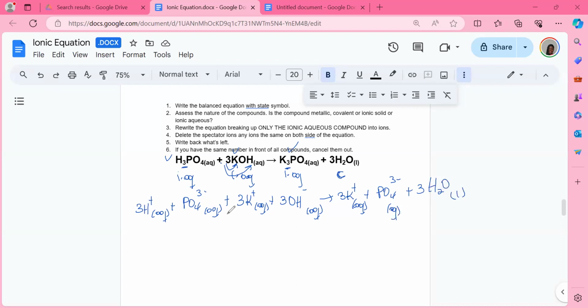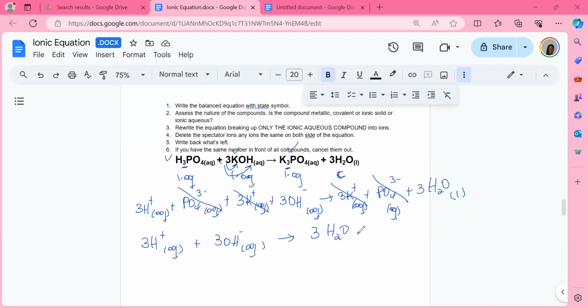Then I'm going to go ahead and delete my spectator ions. 3H plus, I'm not seeing 3H plus on the right. PO4 3 minus, I look on the right. I am seeing that, so I delete that. 3 potassium ions, I am seeing that on the right, so I delete that. So what I'm left with is 3H plus ions, 3 hydroxide ions, and 3 water is formed.